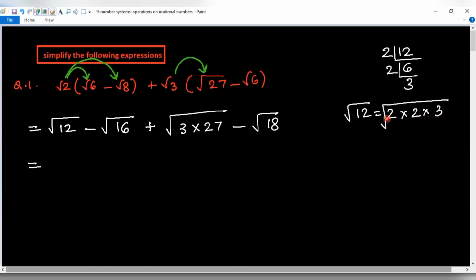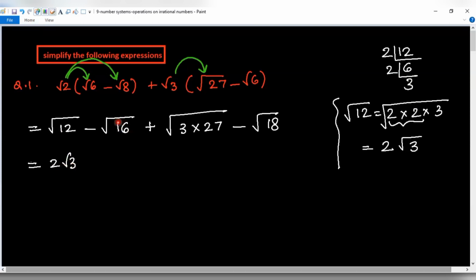And we know inside the square root, if there is a pair of numbers, we can take one from there, right? So 2 is taken out from this pair, and inside the square root we have only 3 left. So we know root 12 is 2 root 3. So in place of root 12, we can write 2 root 3.